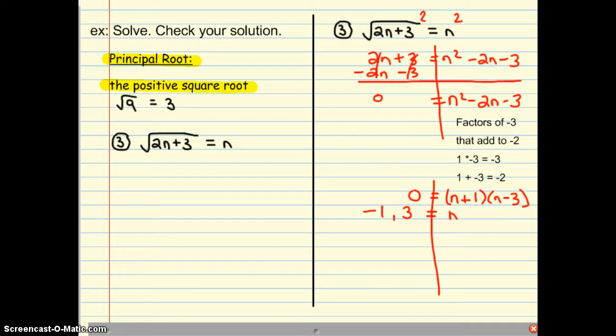But because this is negative, we're actually not going to include it in our final answer because we are only interested in the principal root.